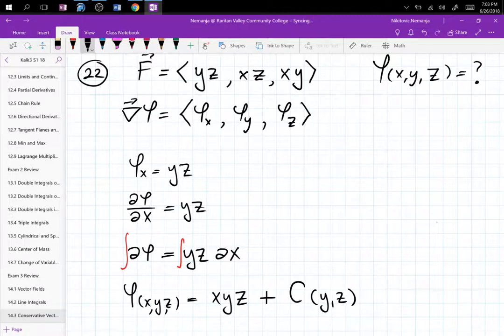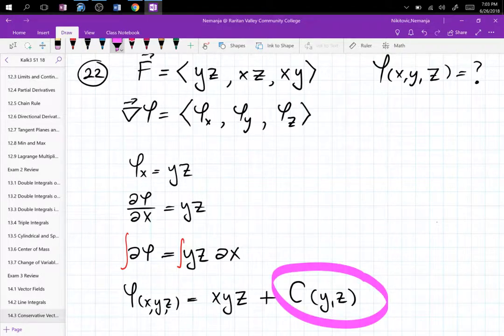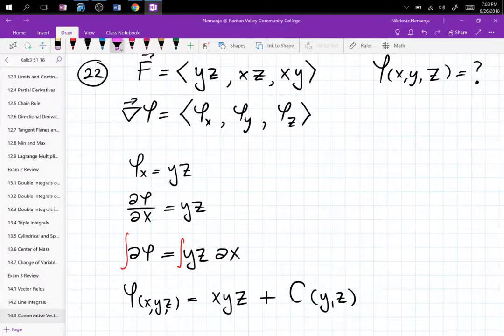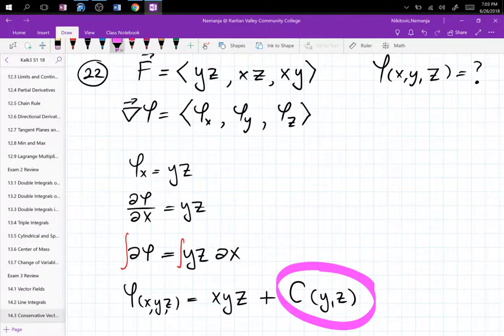Because if I take the partial derivative with respect to x, whatever is in here would die, because there are no x's, right? So when I am undoing this as the antiderivative, I have to leave the possibility for this to be any function in terms of y and z.